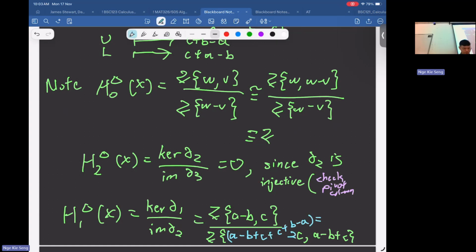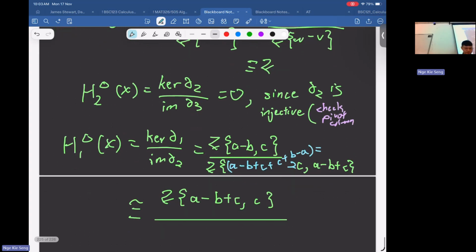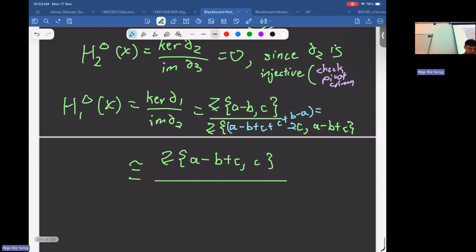Your worry is correct. So if we do this change of bases, then we have Z(A minus B plus C) plus C, quotient out by A minus B plus C plus 2C.